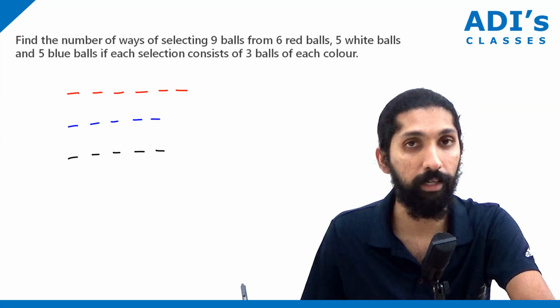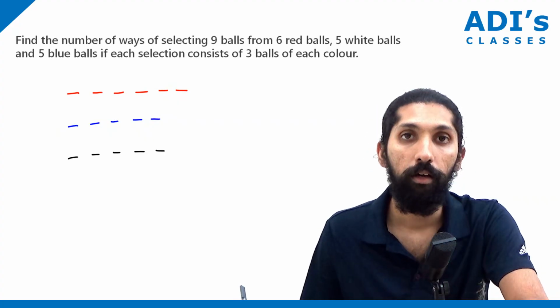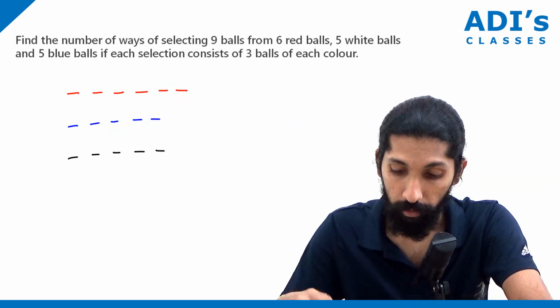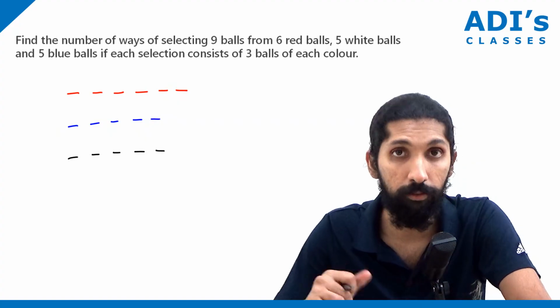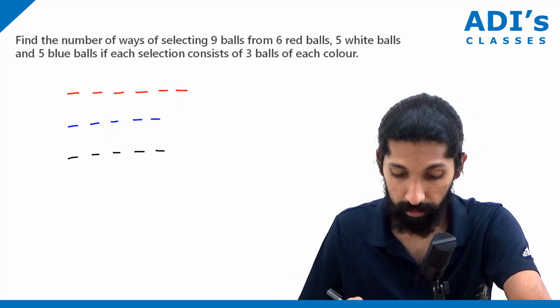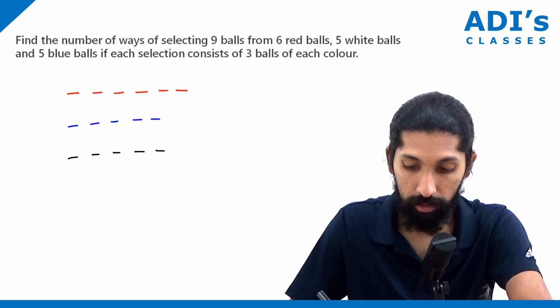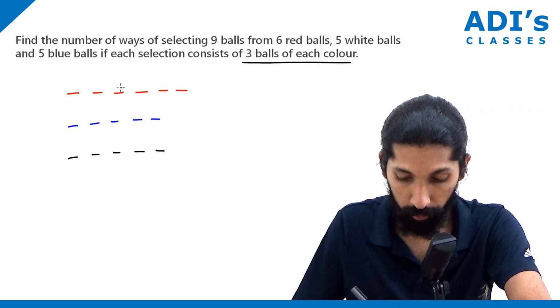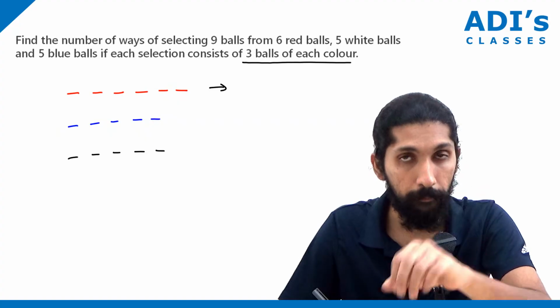So we have blue, red and white. Out of these, we have 5 plus 5 plus 6, so 16 balls. If each selection consists of 3 balls of each color, then out of 6 we are selecting 3.